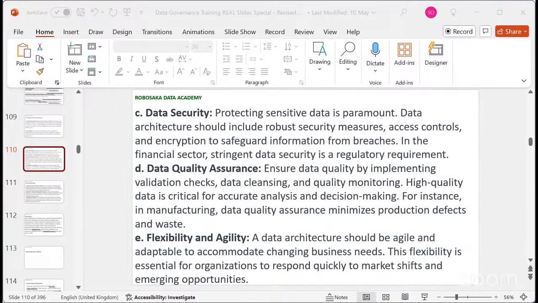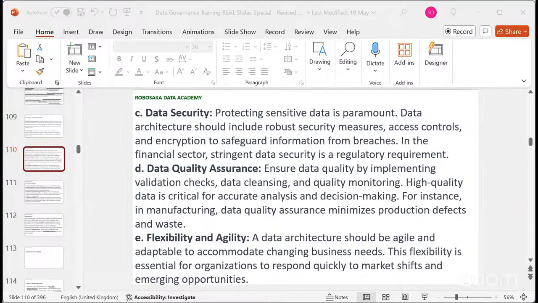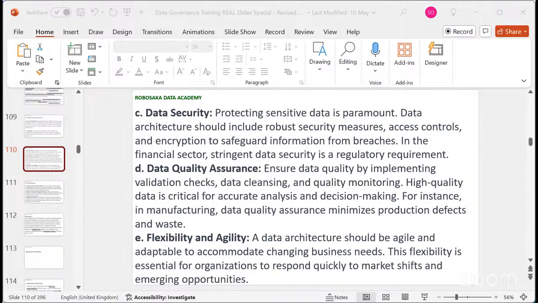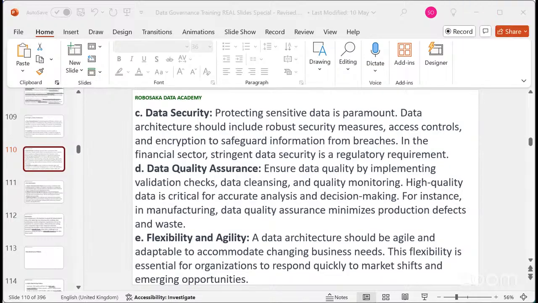Anybody? Any other person? Hello? I think using encryption methods or passwords to protect data. Who is speaking? Is it James? No, that's me. Madam, let them talk now.